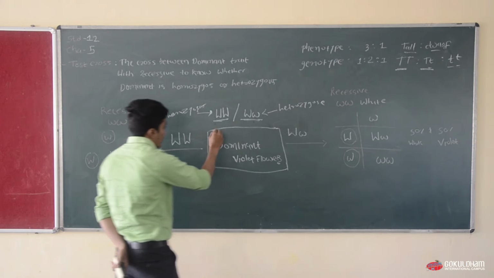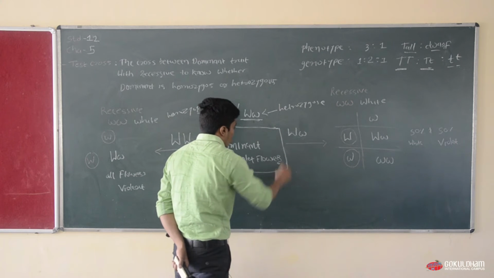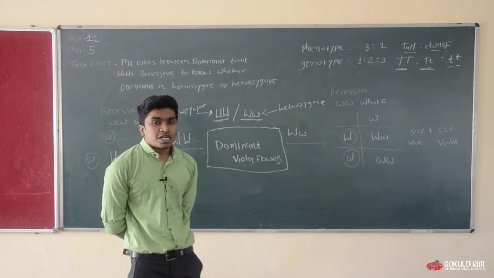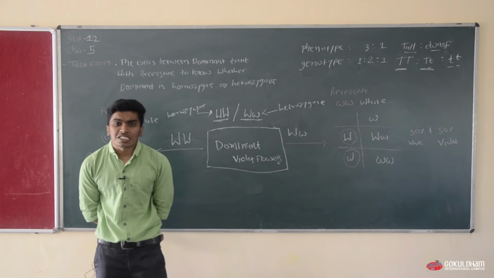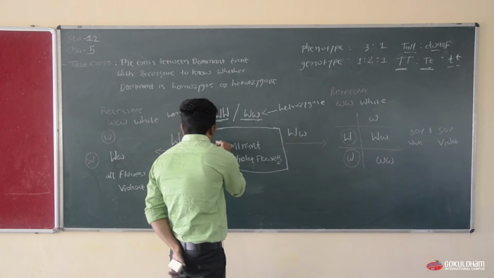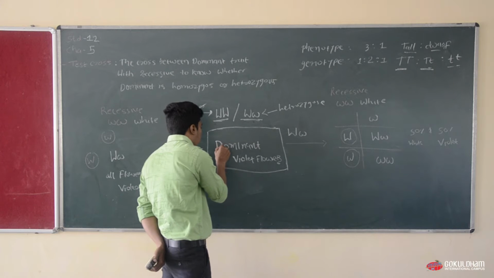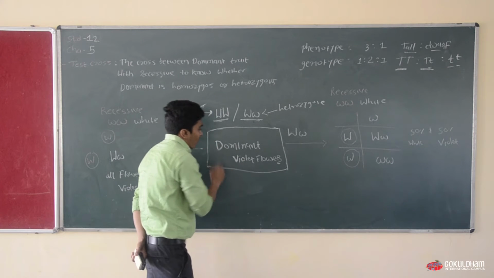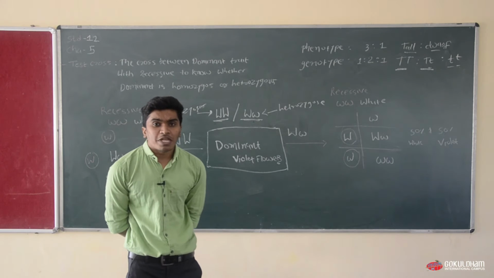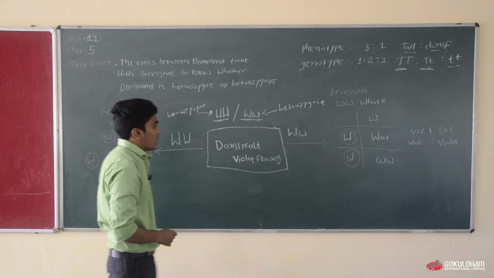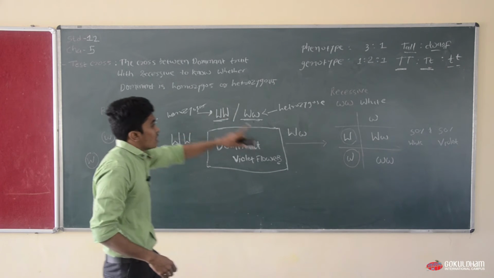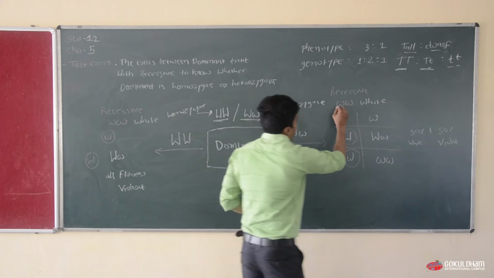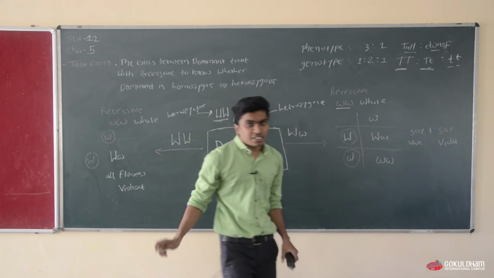Now let's see how we can determine whether the genotype is homozygous or heterozygous on the basis of the dominant character or phenotype. The violet color flower, the dominant character, is crossed with the recessive character. Here white is the recessive character.